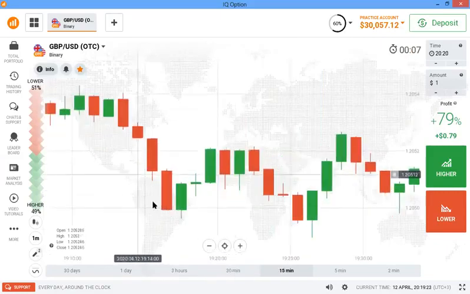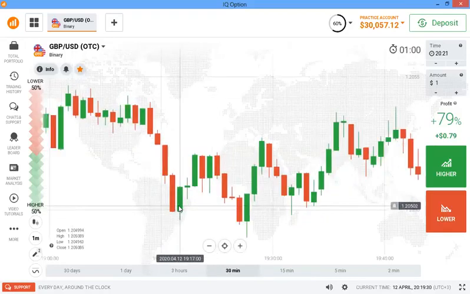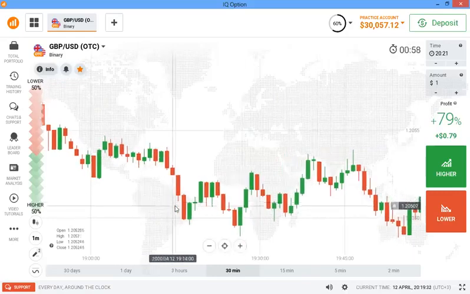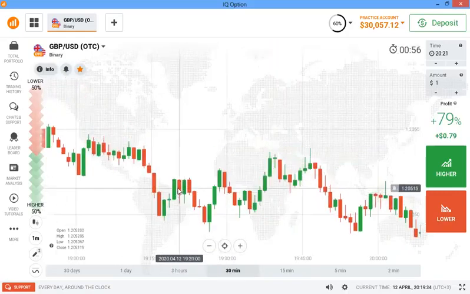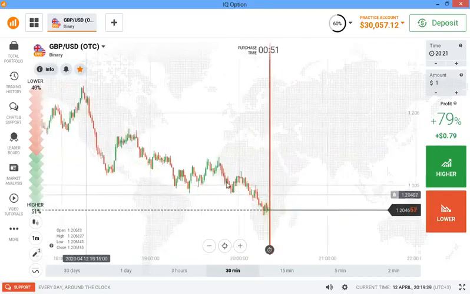Look at this turning point here. That is the support, the turning point here, this support level. If you trace it back, you will notice that this support level is acting as the first support.